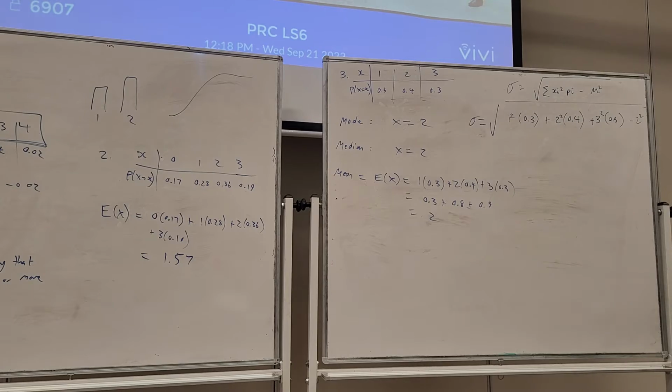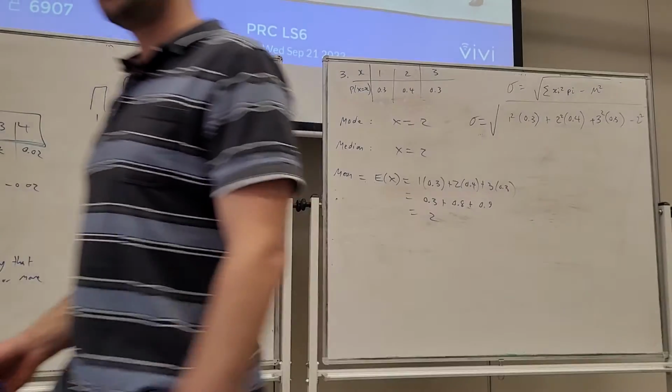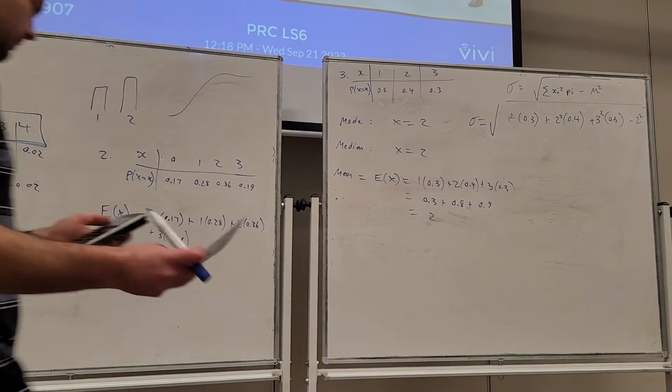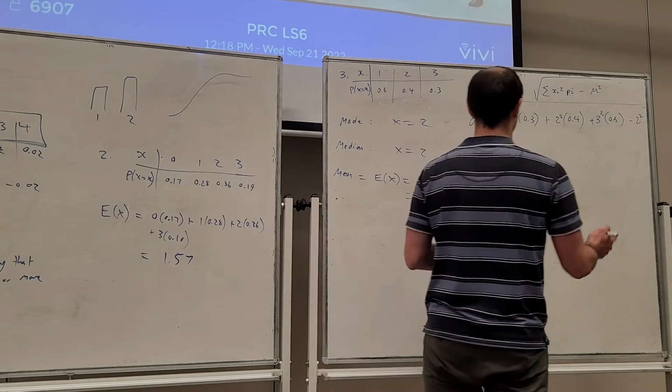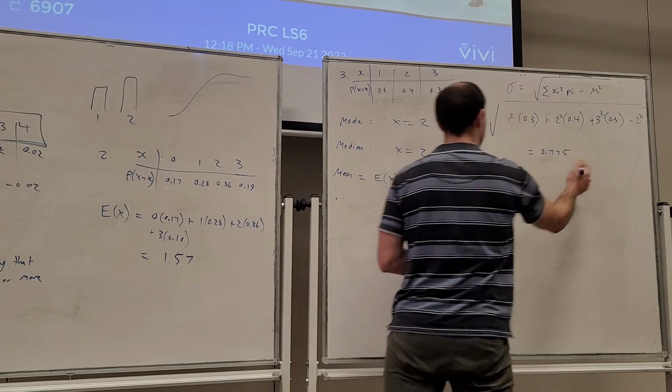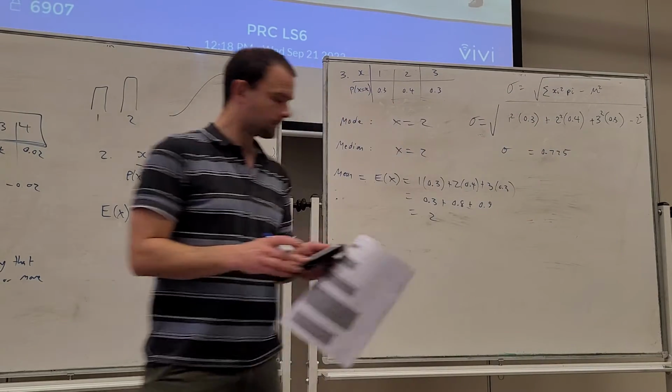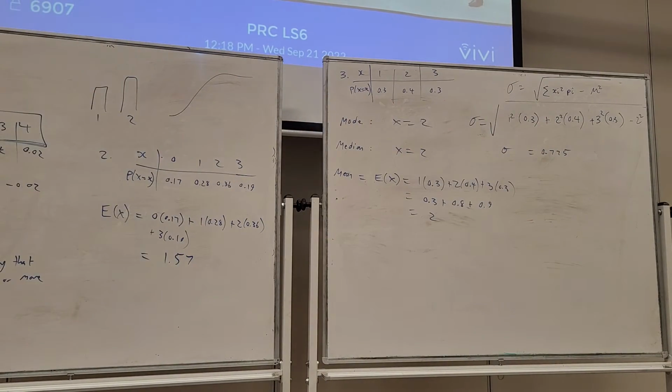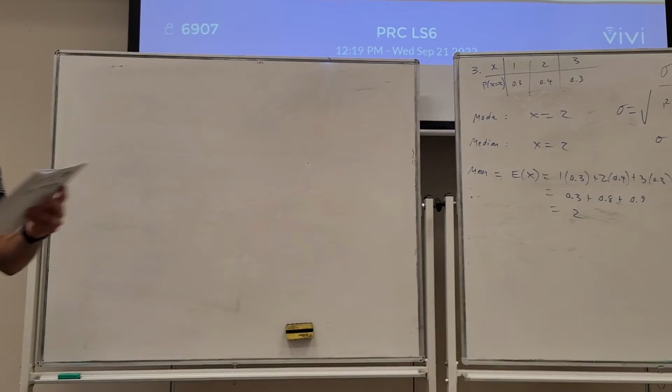That's what we'll calculate. 0.775. Cool. Excellent. So that's question 3. I'll rub the board and move on to number 4.